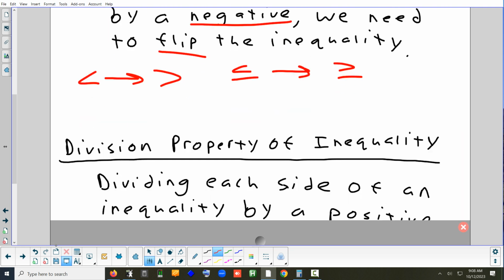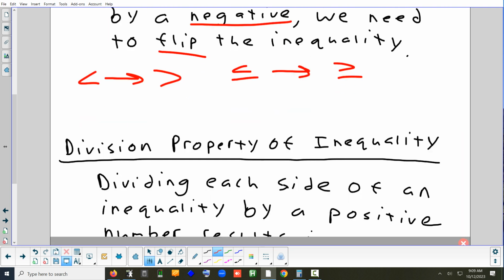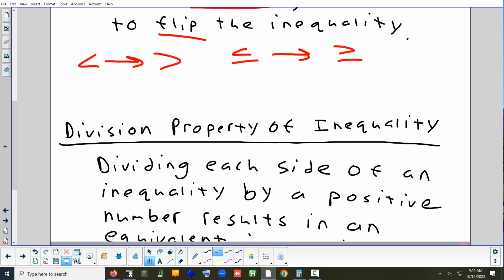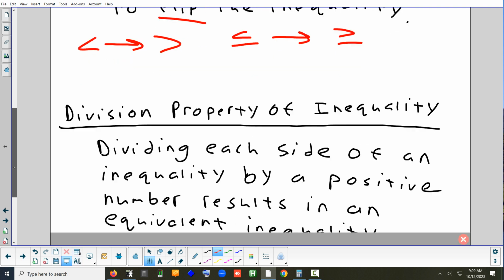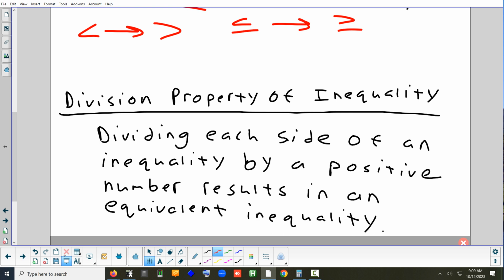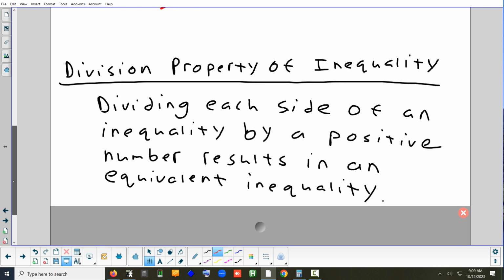Okay, I think you already have the first part. Dividing each side of an inequality by a positive number results in an equivalent inequality, or that means it's true. You guys already have that first part printed? Mm-hmm. Okay. So now you need the if.